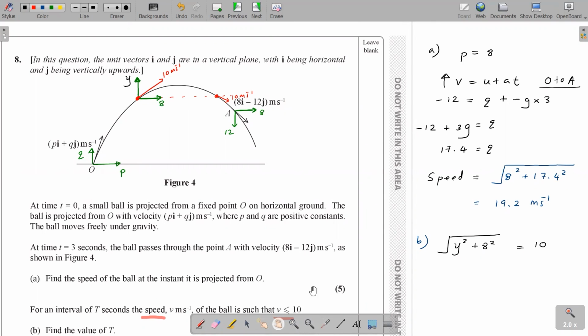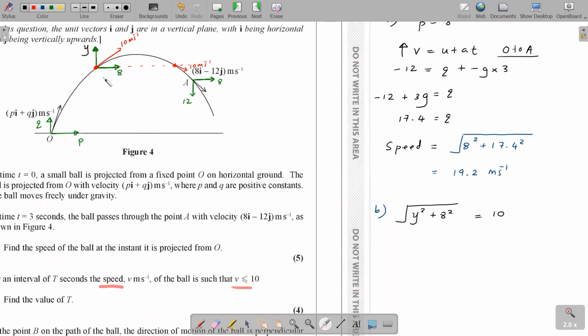The magnitude of velocity is the speed, because the velocity is 8i plus yj. Squaring both sides, I get y squared plus 8 squared equals 10 squared, which is 100. Then y squared equals 100 minus 64, which is 36, so y equals root 36, which is 6.